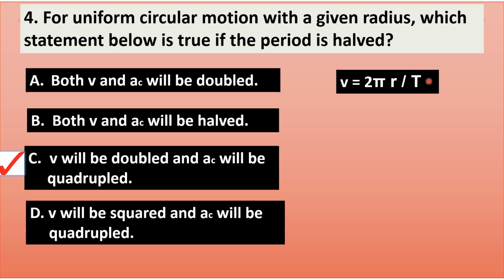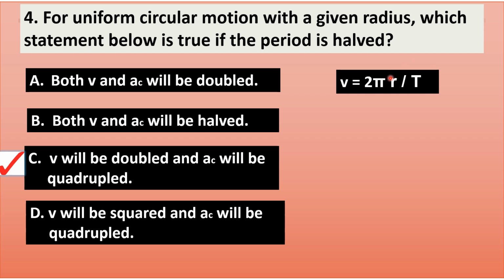Since capital T is in the denominator of 2 pi r, you're going to make it 1 over 1 half, right? Then we can make it like 2.